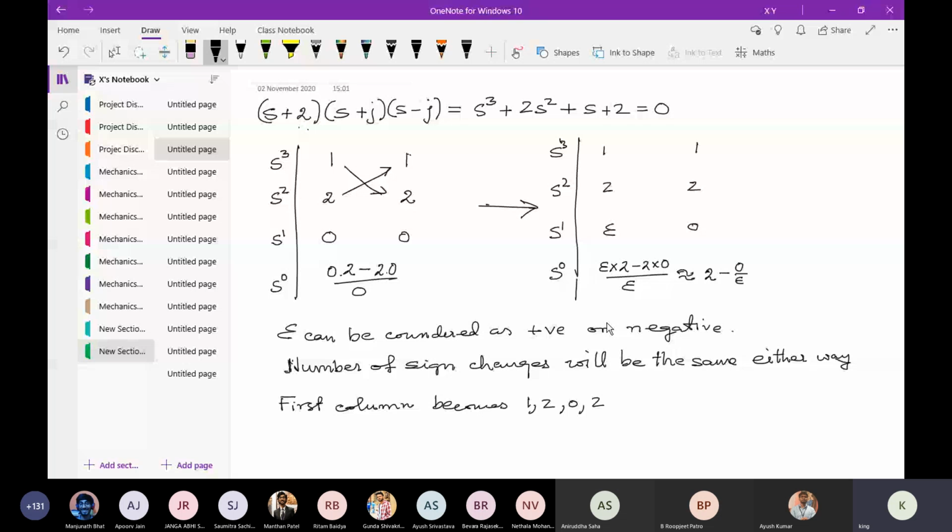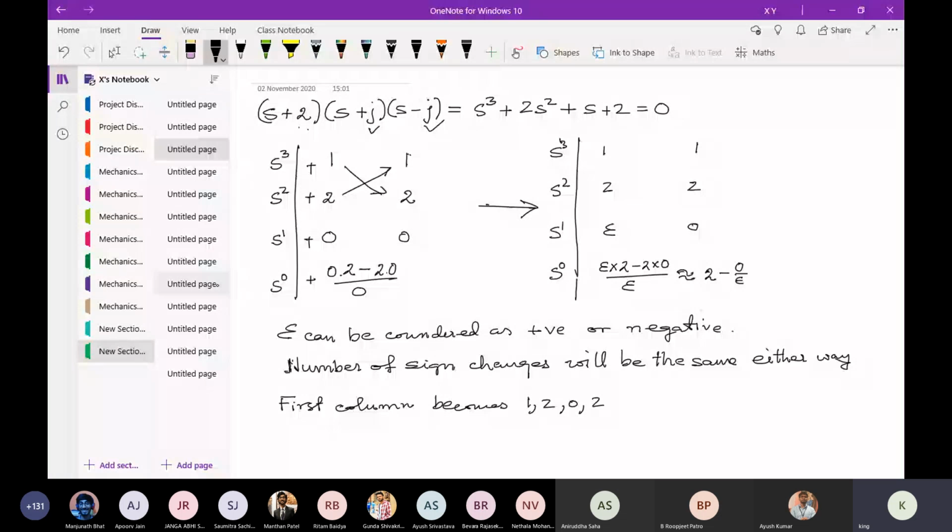Coming back to here, you see, here we don't see sign changes. So when we don't have that, when you have a system which gives a polynomial with a 0 leading, then you are looking at a pair of purely imaginary roots here.